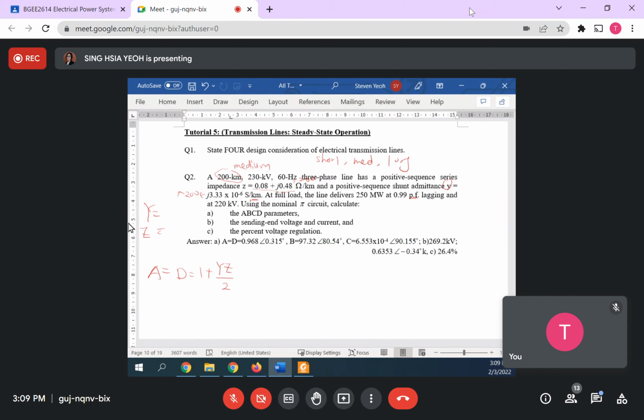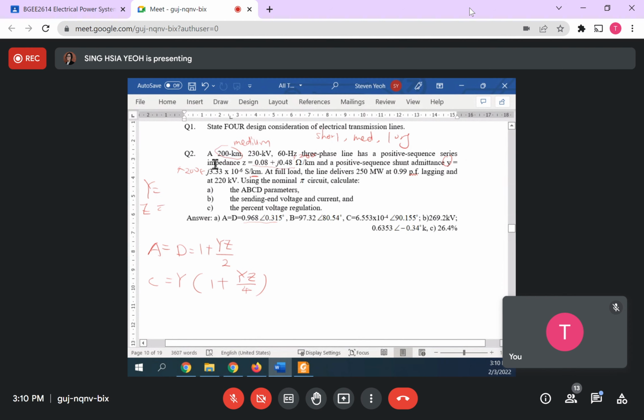So basically, you will get this answer. Then the equation for C equals Y multiplied by 1 plus YZ over 4. Again, the Y and Z you need to use are after you multiply with 200. So you all said you cannot get the angle, is it because you didn't multiply with the 200?